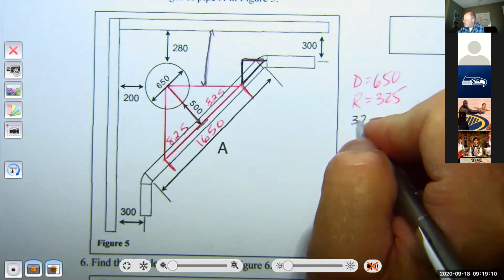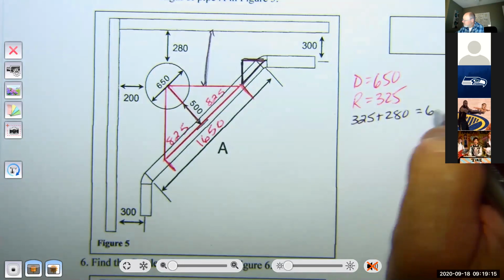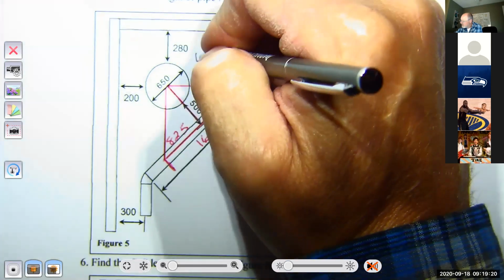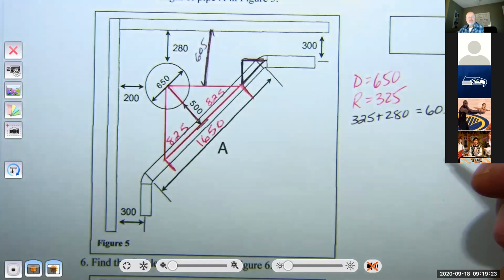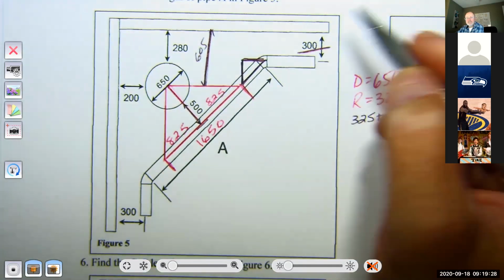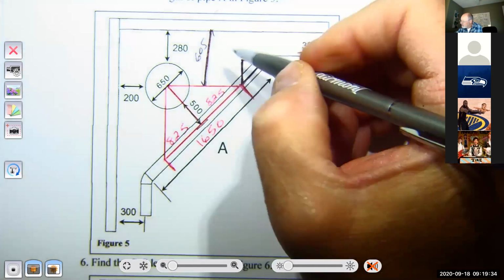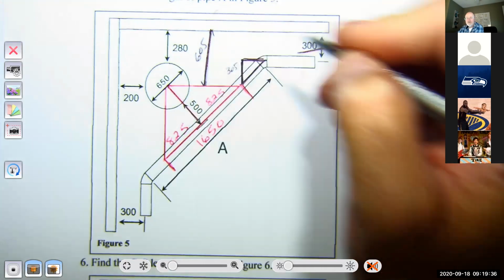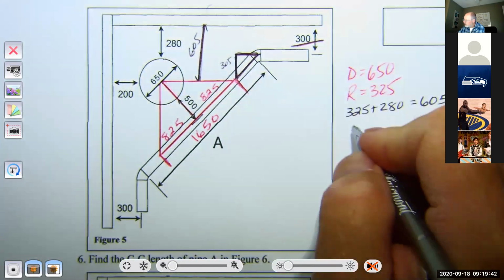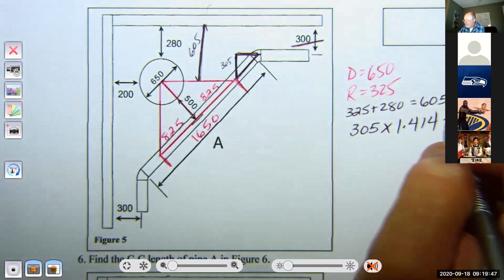So that's 325 plus 280 is equal to 605. So this line right here is 605. And if I minus off the 300 over here off of the 605, that means this line right here is 305. And I could then determine what the travel is by going 305 times 1.414.